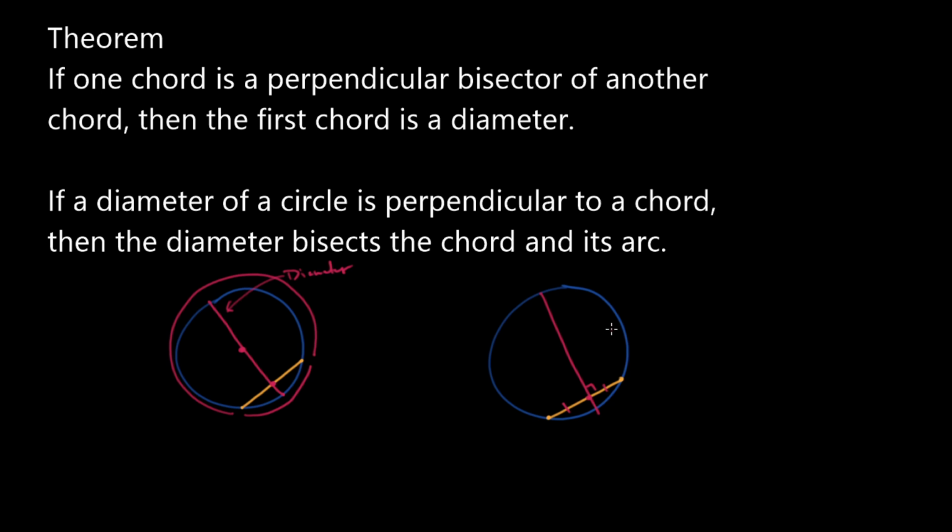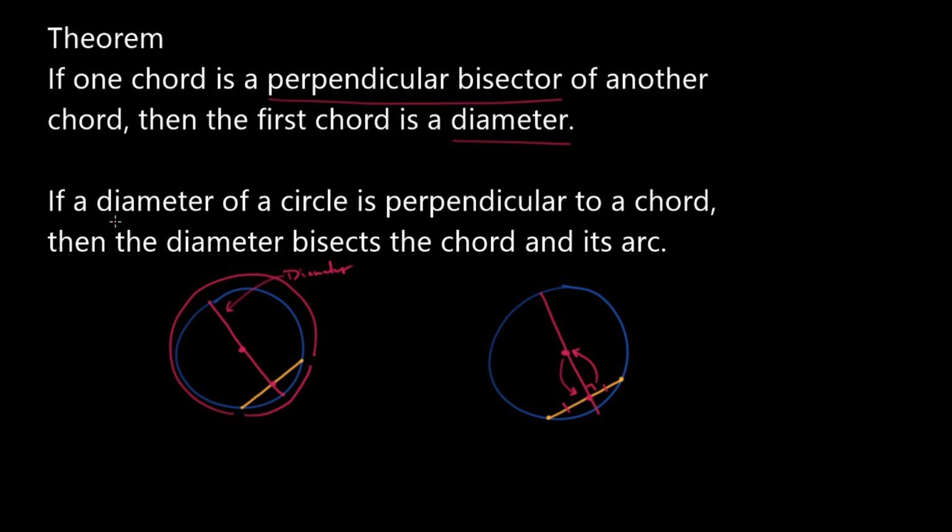Which also makes sense because if I'm talking about from the center and I'm trying to find the closest point to this chord, it's always going to be this perpendicular point, of which this point on my chord is the one that is closest to the center. So these are kind of converse to each other, not exactly, where I'm just moving in different directions. The first one, I know that if one chord is a perpendicular bisector, then it has to be a diameter.